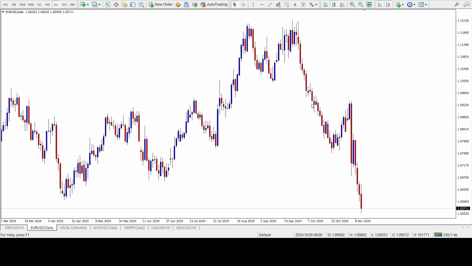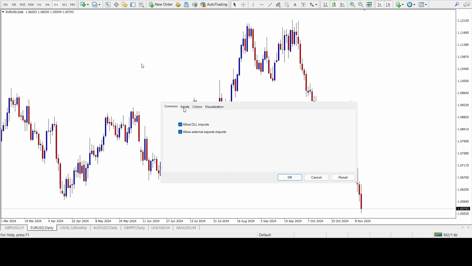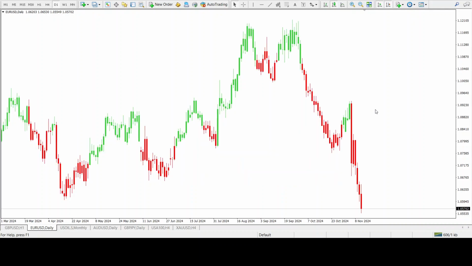After that, you will have to reopen the MetaTrader terminal, and go to insert, indicators, custom, and then find the xSuperTrend candles indicator and load it to the chart. So here we go.